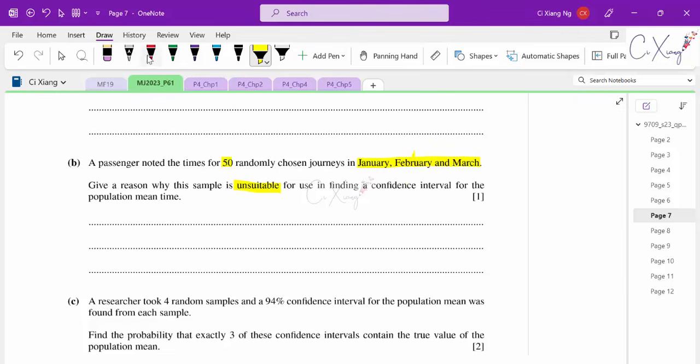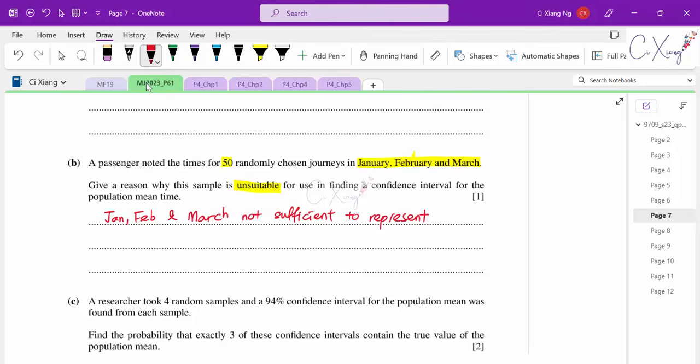So we can say something like this. January, February, and March are not sufficient to represent the train journeys for the whole year.